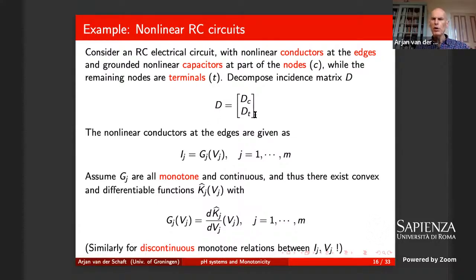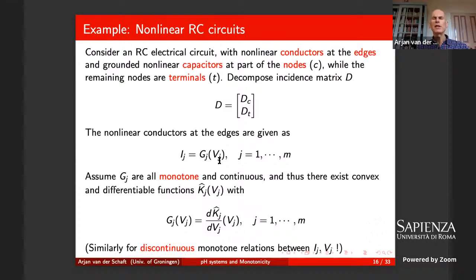So we decompose the incidence matrix D of the circuit graph corresponding to the capacitor nodes and the terminal nodes like this. Now the conductors sitting at the edges are given by general nonlinear expressions.